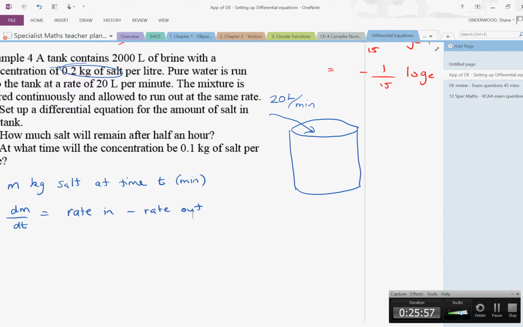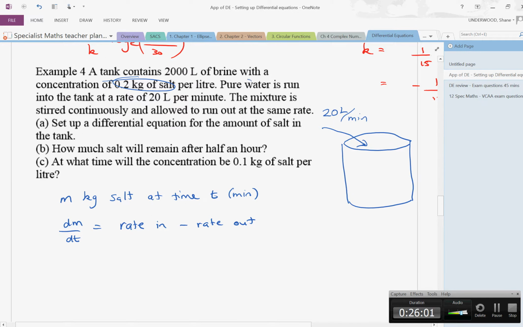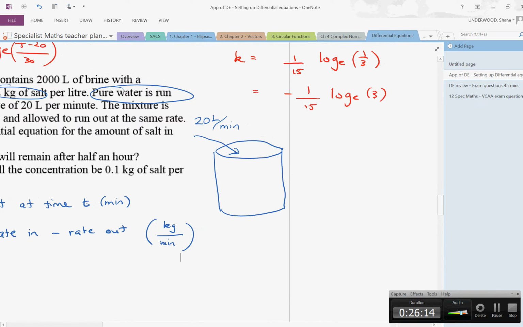Now I've got 20 litres per minute going in. However, it does say that it's pure water. Now, what is my rate? M is in kilograms and t is in minutes. So if I've got a minute over here, the litres need to cancel out, and this is kilograms.